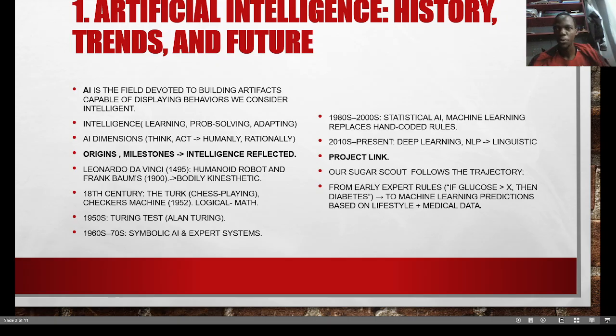So our first module is about artificial intelligence, its history, trends, and the future. Artificial intelligence, as we all know, is a field devoted to building artifacts capable of displaying behaviors we consider to be intelligent. So under artificial intelligence, we want to develop machines and systems that display behaviors that are considered to come from something which possesses intelligence.